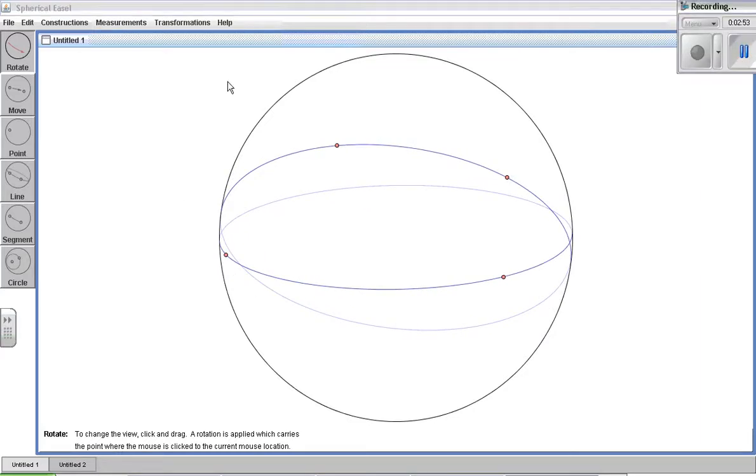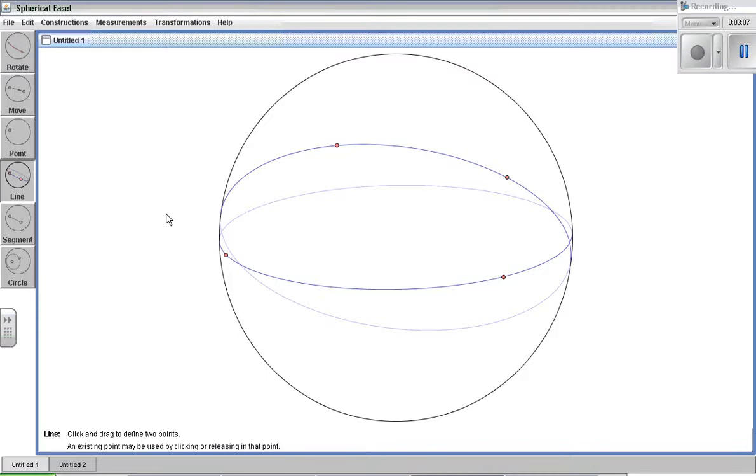Some other topics about elliptic geometry that are pretty interesting. We already said there's no such thing as parallel lines. Also, if you draw a triangle, so let's get a third line on here. You can even do a segment, it doesn't really matter.